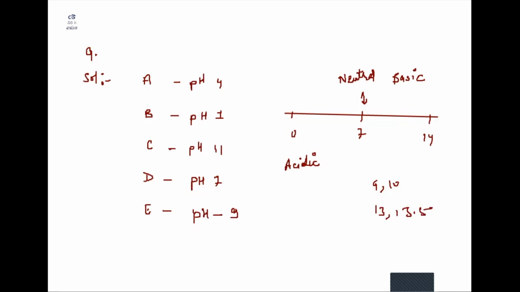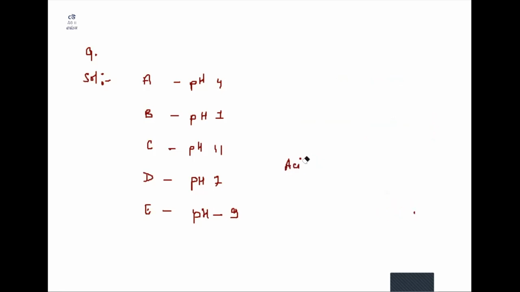So getting back to the question, we have got 5 solutions, and each and every one of them has a different value on the pH scale. Let's start with solution B because its pH value is 1. So we'll say that solution B is strongly acidic. But solution A is going to be weakly acidic.